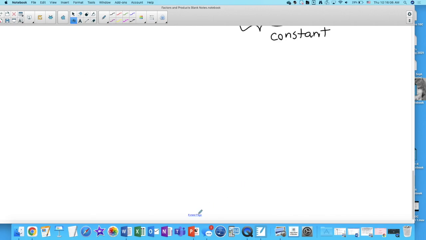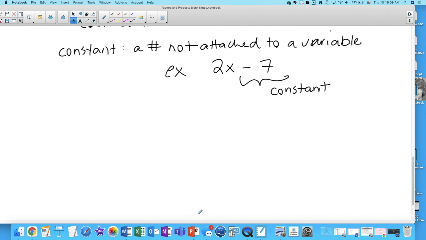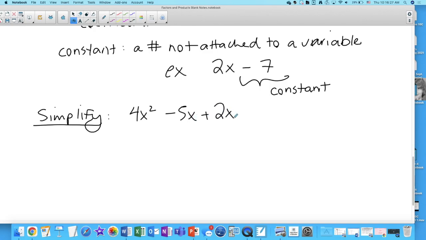So for example, if I asked you to simplify 4x squared minus 5x plus 2x squared minus 3 plus 7x minus 5 plus x squared.